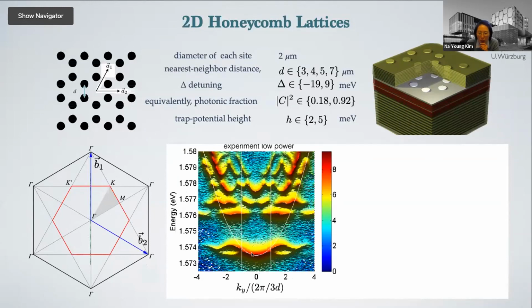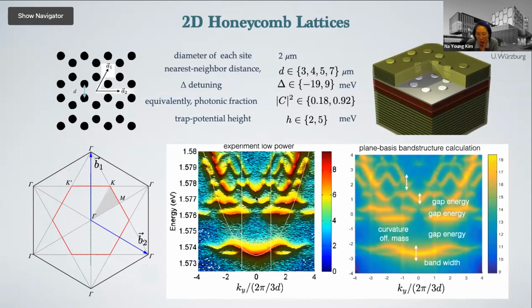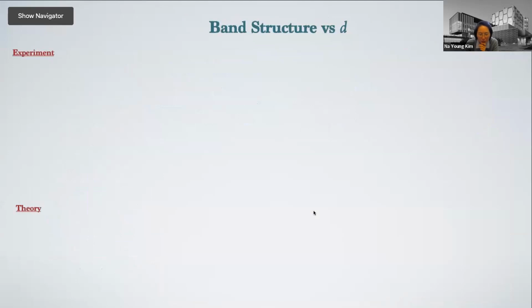Often condensed matter people show only the lowest bands, but in our case, we are able to access not only the lowest bands, but also the higher bands as well. This experimental result is well explained by the theoretical calculation in the single particle picture, as you see, with very good agreement with the experiments.